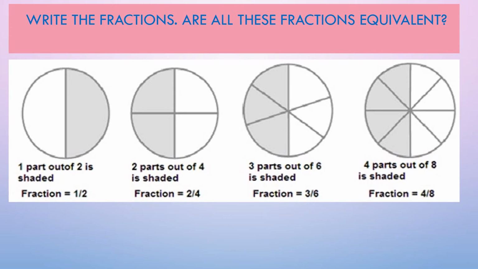In the third circle, 3 parts out of the 6 are shaded, so the fraction is 3 upon 6. In the fourth circle, 4 parts out of 8 are shaded, so the fraction is 4 upon 8. So here you can see that all these fractions are equivalent since all these fractions can be reduced to the simplest form, the value 1 upon 2.